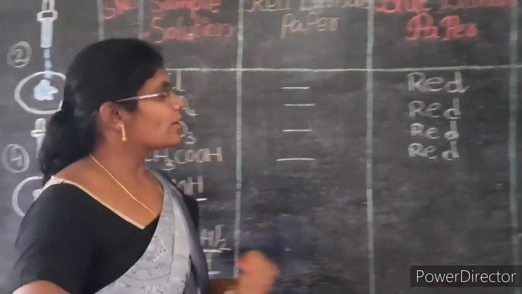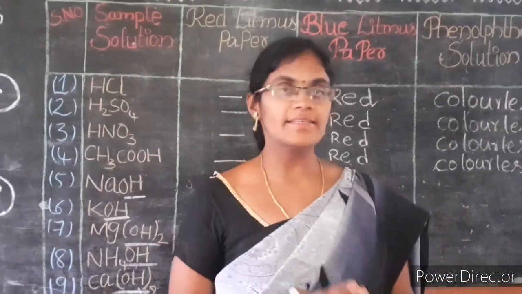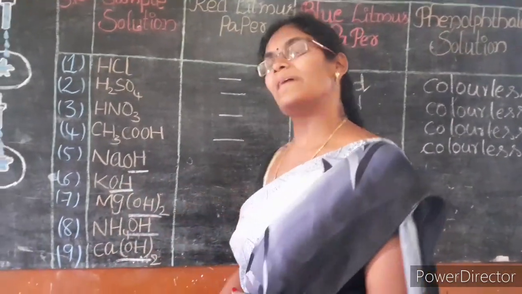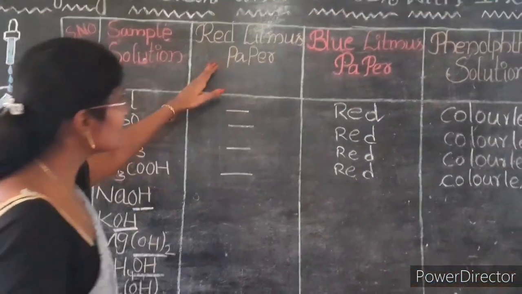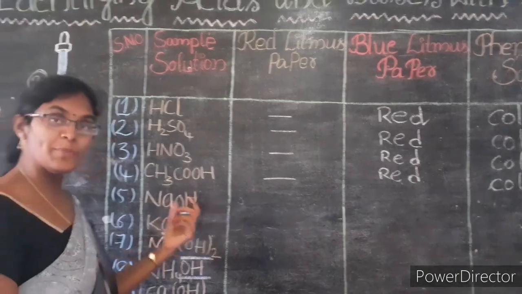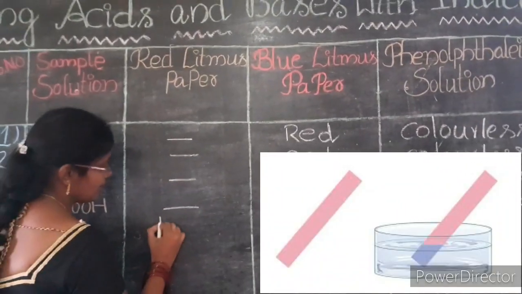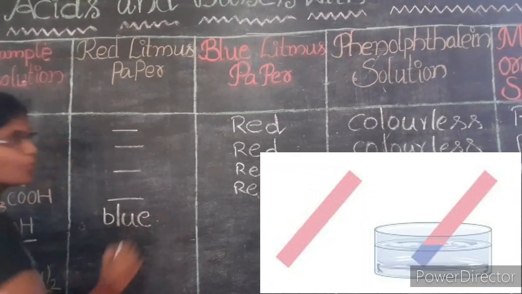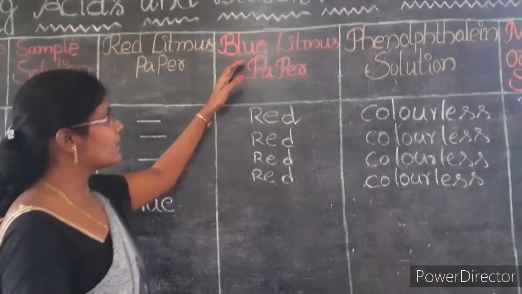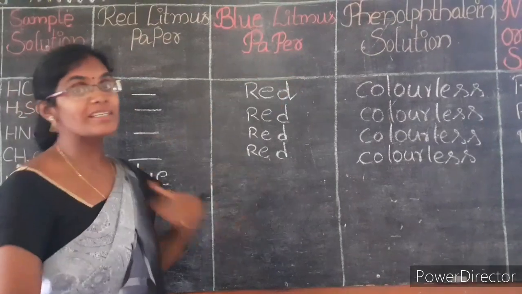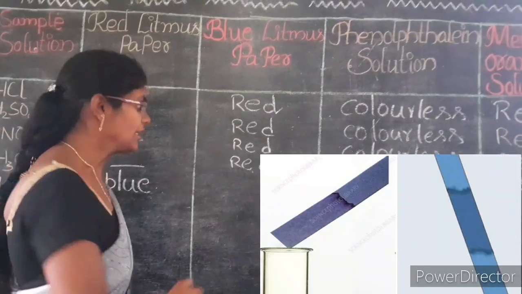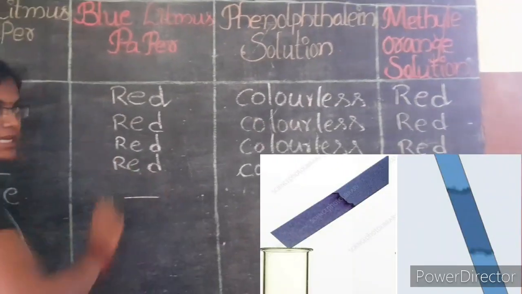And already we know how the indicators change their colors with bases. How does red litmus paper change its color with bases? Yes, red litmus paper changes its color into blue. Similarly, how does blue litmus paper change its color with bases? No change.